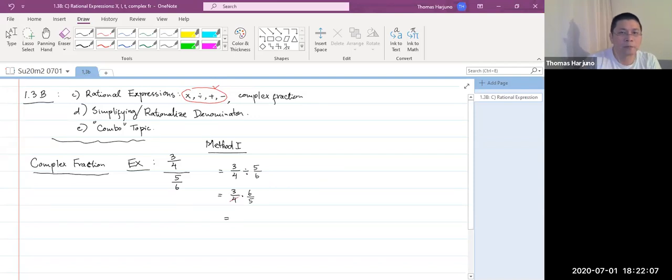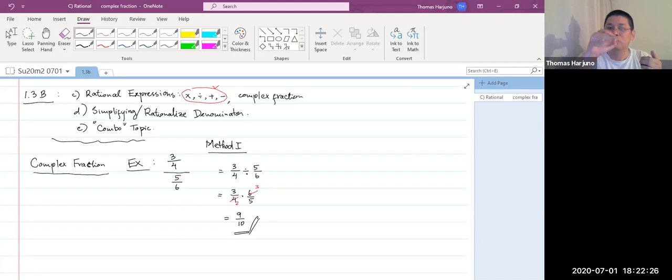We get nine over 10. That's our final answer. This method one here basically follows order of operations.